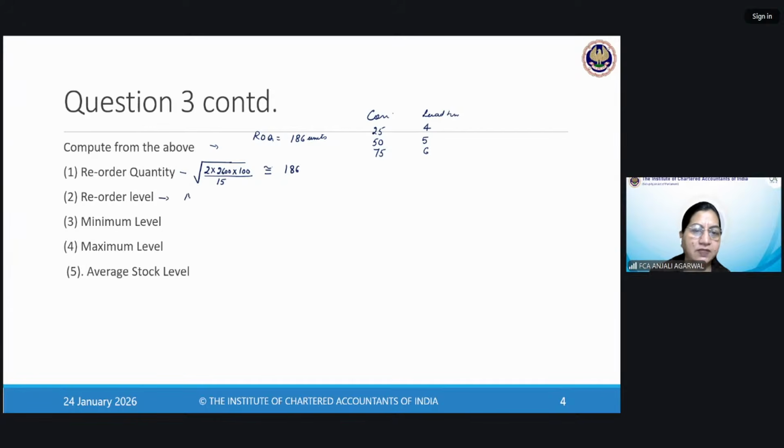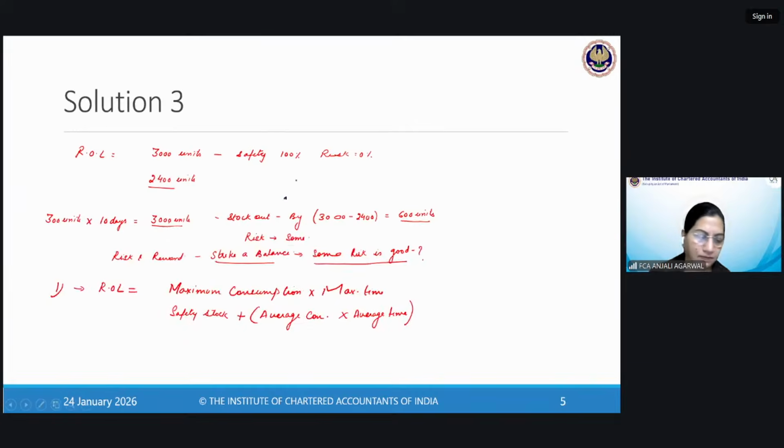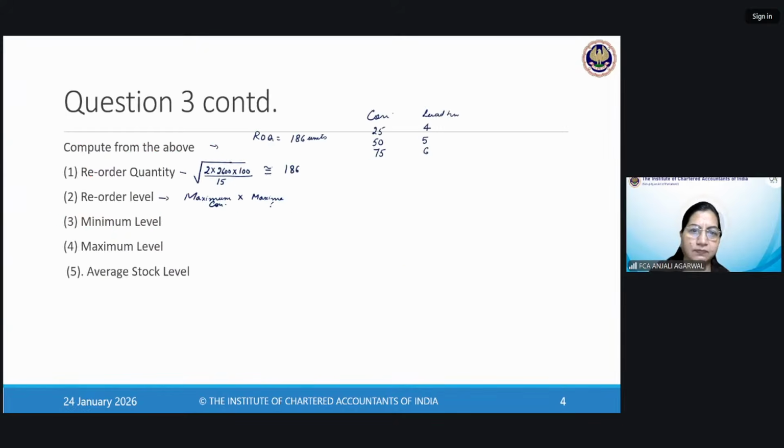Reorder level. Let's use the formula: maximum consumption into maximum time. So what will be the answer?